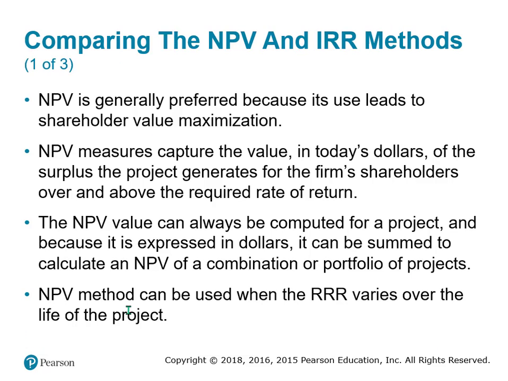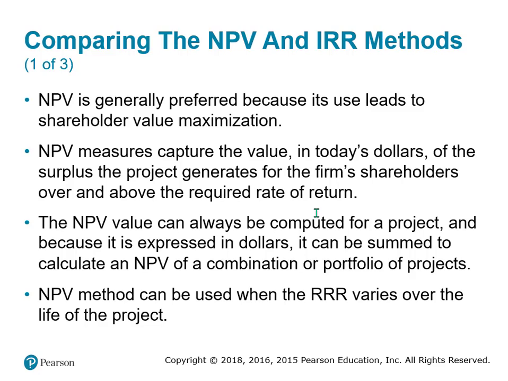Now when you compare these two methods, net present value is generally preferred because its use leads to shareholder value maximization, for a lot of reasons. The net present value captures the value in today's dollars of the surplus the project generates for the firm's shareholders over and above the required rate of return.